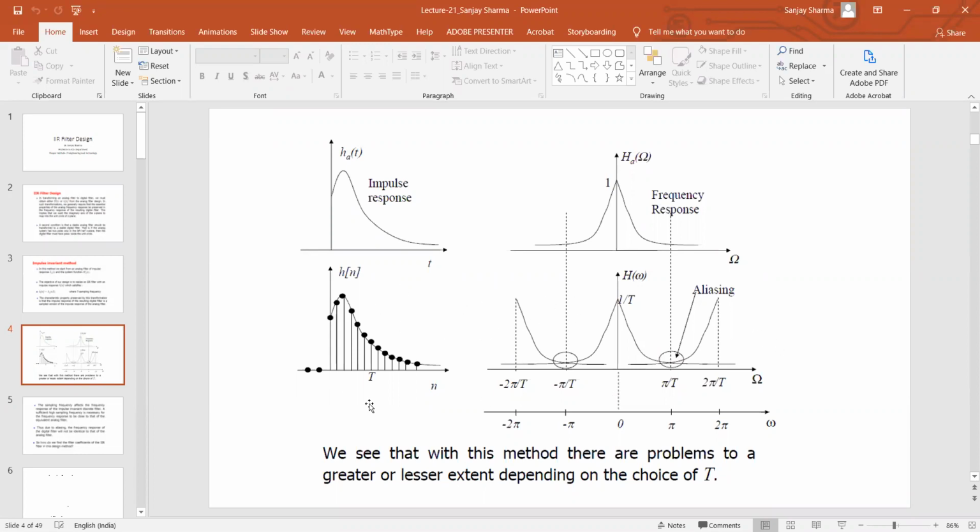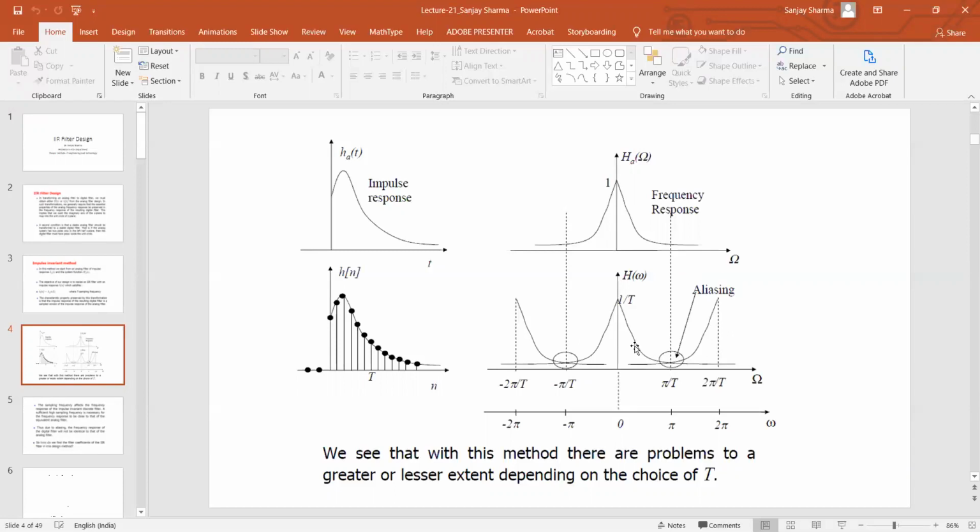That is exactly what this diagram tells, right? Now the important thing in the impulse invariant method is that aliasing can be present, because the digital spectrum repeats, and there can be the presence of aliasing.